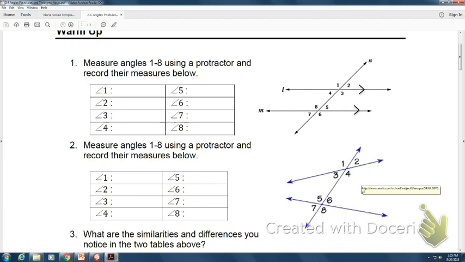Okay, so use some of those rules you just found. Essentially, how many angles do you really need to find? 1. As long as you have 1 angle, you know it's supplementary. You know its vertical angle. You know its corresponding angle, and then you can do the same thing.